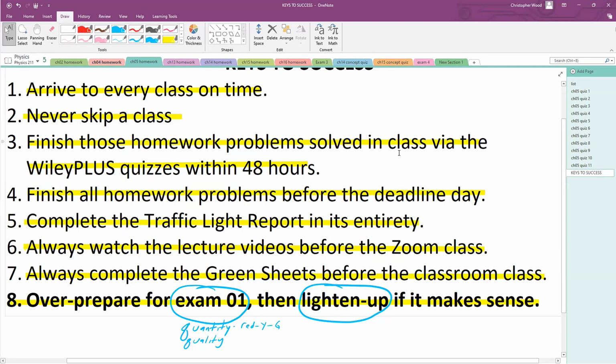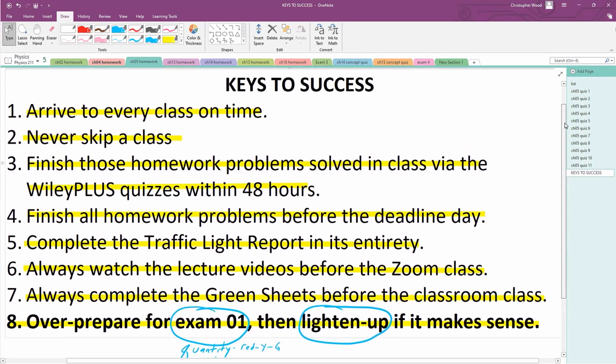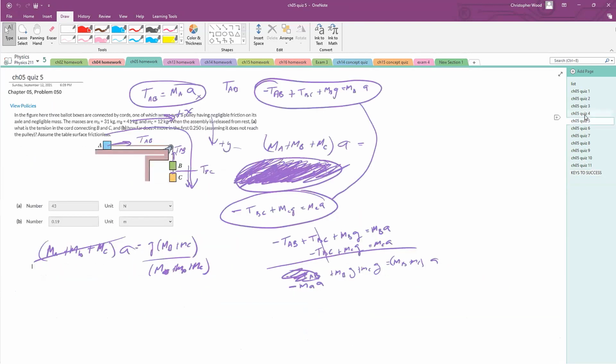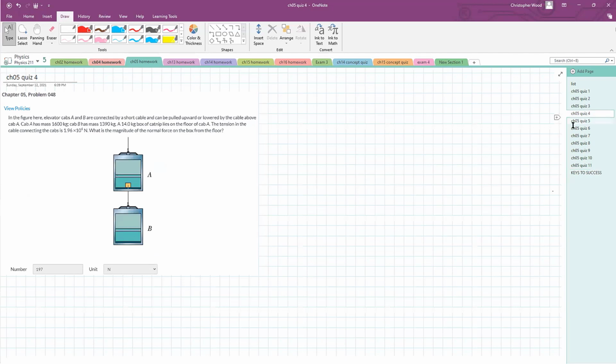You'll grow with the degree of difficulty. And I think most of you have to kick yourself up a notch based on what I'm seeing thus far. So this is all meant to be constructive. My goal is to have you guys learn this stuff as deeply as possible. The end. Let's do chapter 5, quiz 4.